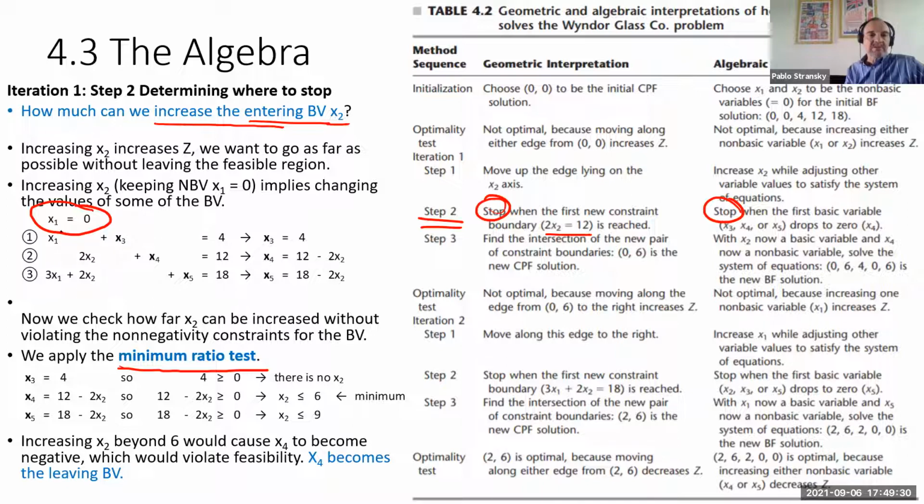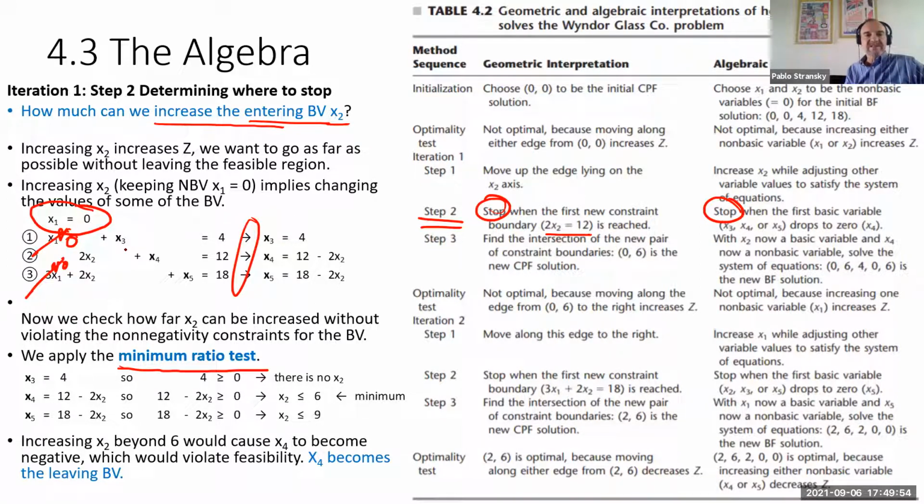If we do x1 equal 0, I'm missing here some information. No, it's correct. If I make x1 equal 0, now I can bring these new values of my basic variables.